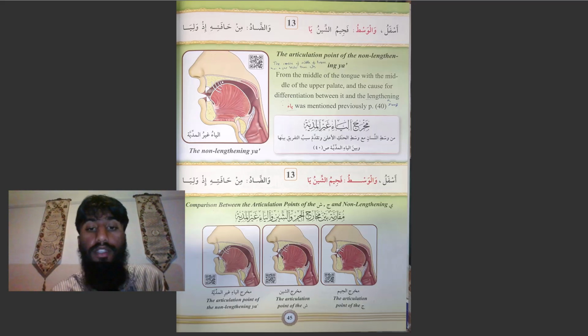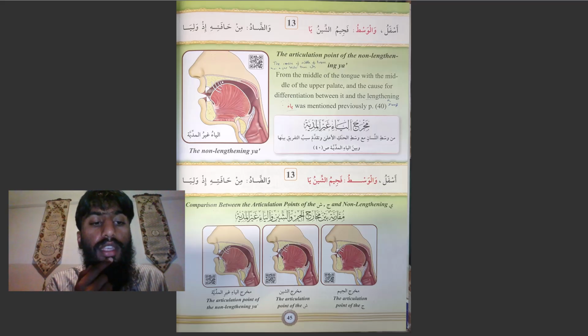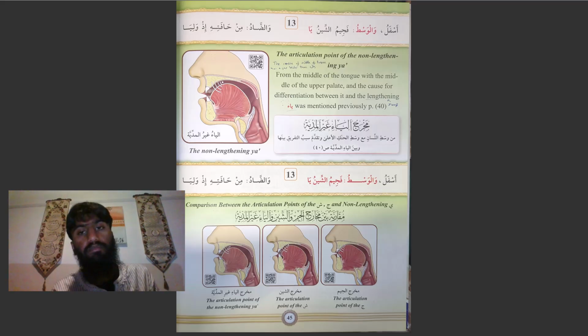For example, Sheen is only air, but the Jeem and Ya have vocal cords vibrating as well. They have voice. Ja, ja, ja, and ya, ya, ya. Okay, so that is the difference between the three letters, and those are the articulations of the three letters.